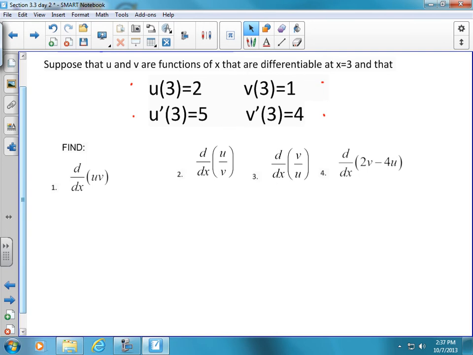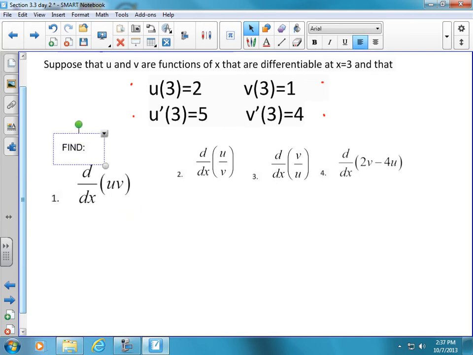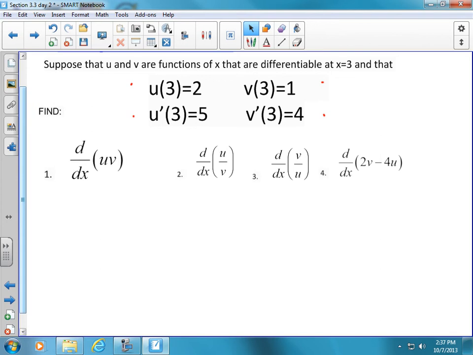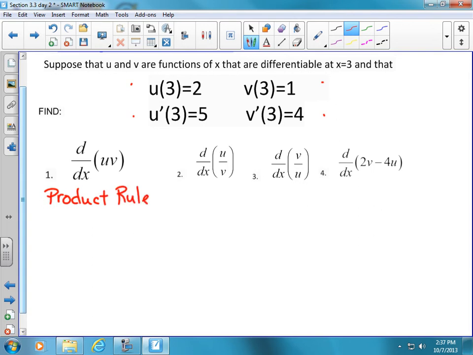Let's start with the derivative of u times v. This is what we need to use. U times v, that's a product. We're going to use the product rule because it's a product. So remember what the product rule says. It says the derivative of the product equals u times v prime plus v times u prime.